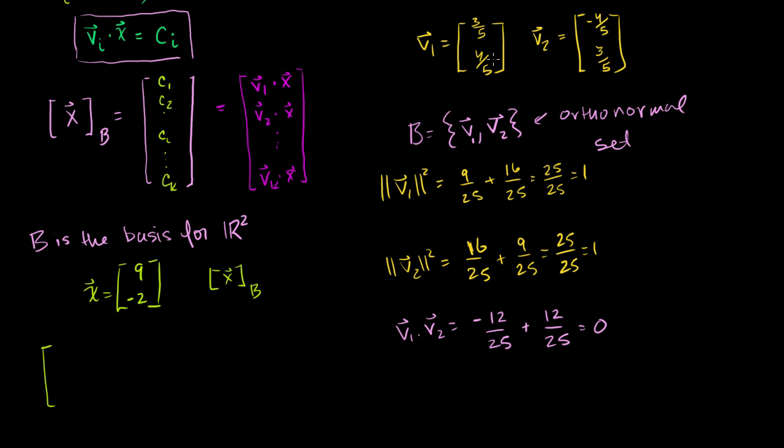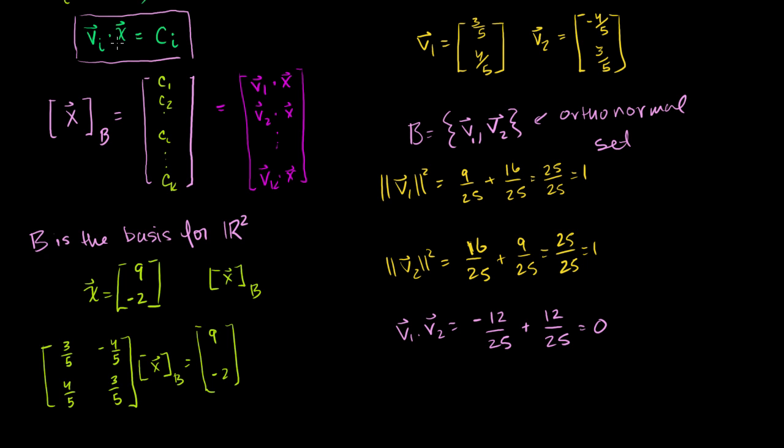So the change of basis matrix would be 3/5, 4/5, minus 4/5, and then 3/5. And we would say that times my B coordinate representation of x is going to be equal to my standard coordinates of x. And I would have to solve this 2x2 system. And in the 2x2 case, it's not so bad.